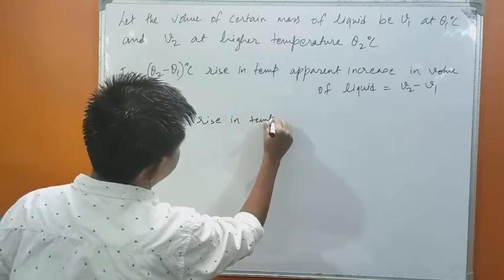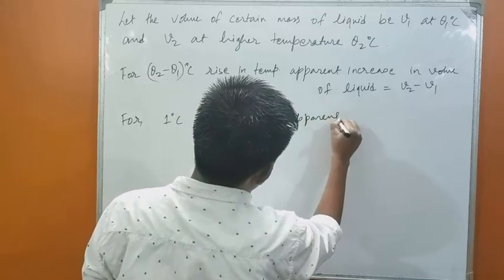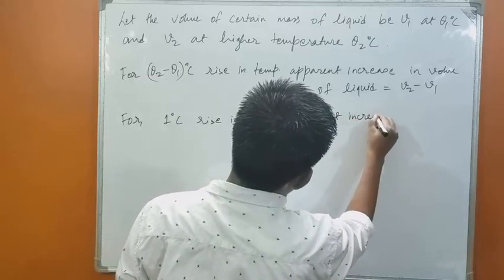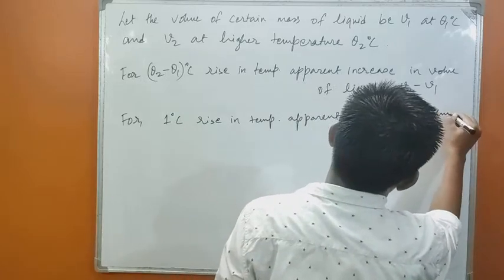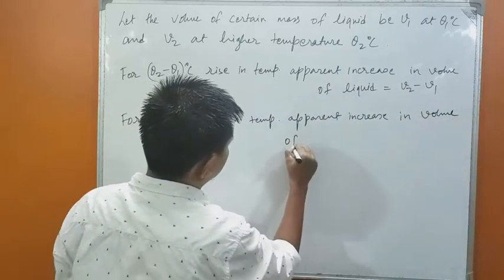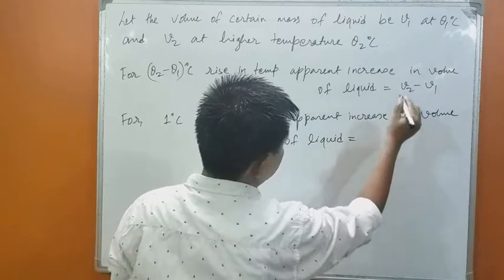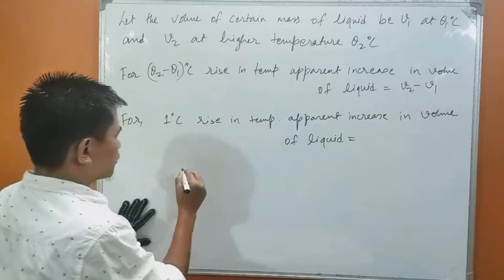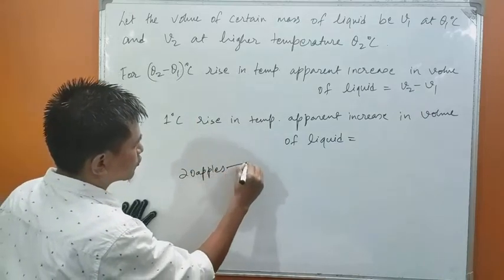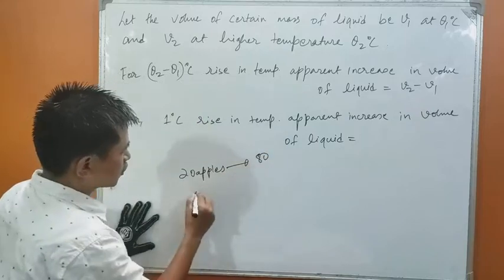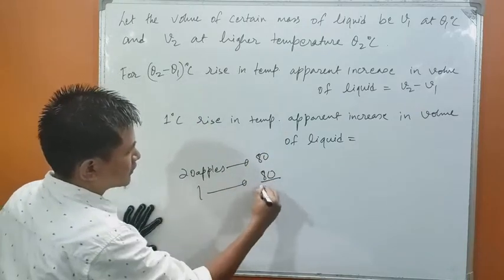For 1 degree Celsius rise in temperature, apparent increase in volume of liquid equal to, suppose 20 apples cost rupees 80, then cost of one apple will be 80 upon 20, isn't it?